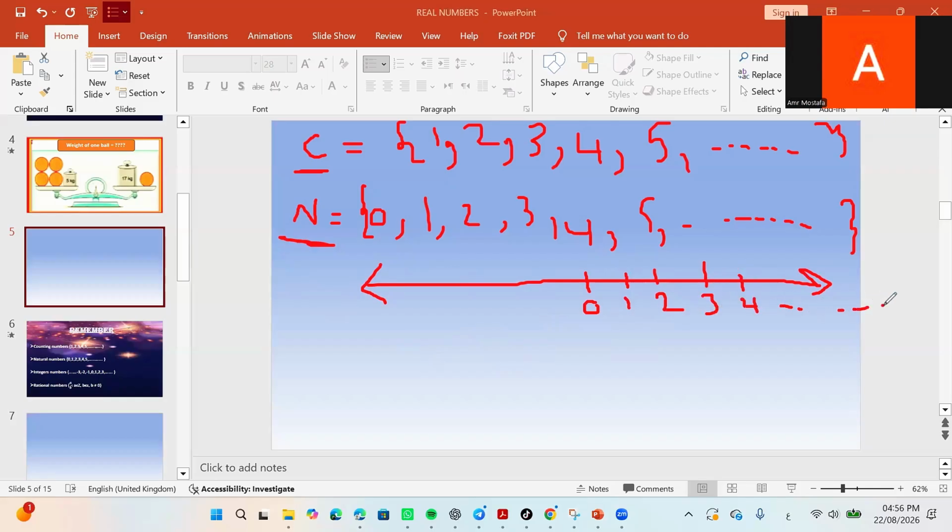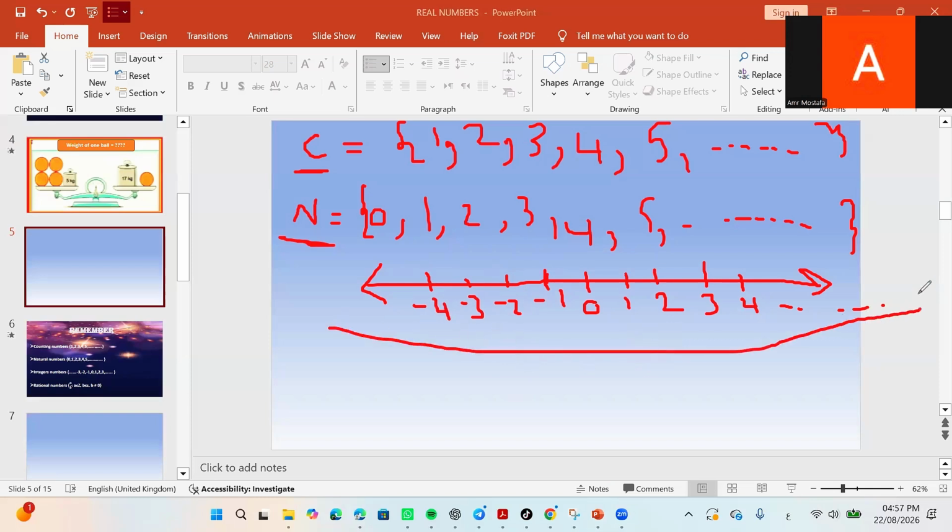This is the right of 0. And here, negative 1, negative 2, negative 3, negative 4. This is sub-zero, like temperature in some countries. It may be negative 5, or 5 sub-zero, and so on.